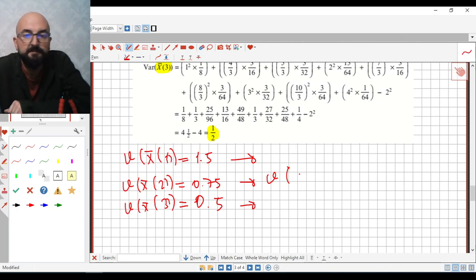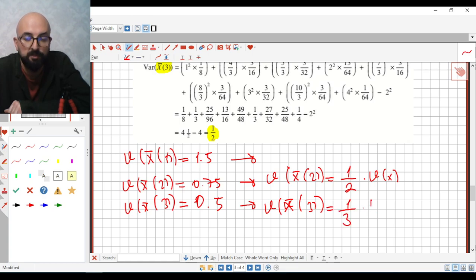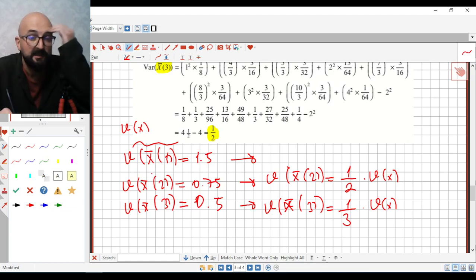Their relationship is here: the variance of the sample mean of size 2 means 1 over 2 multiplied by the variance of x, and the variance of the sample mean of size 3 means 1 over 3 multiplied by the variance of x, and the variance of x is the same as the variance of the sample mean of size 1.